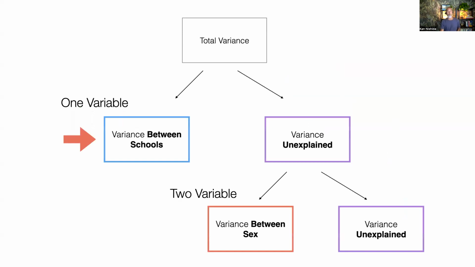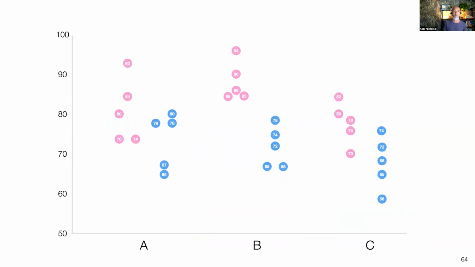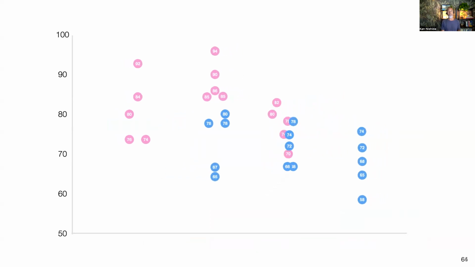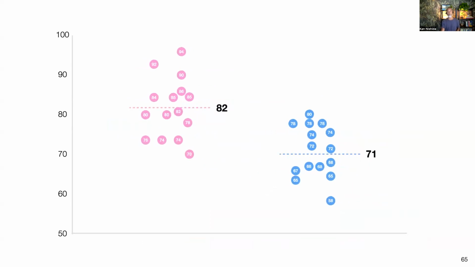Okay, so we've been talking about this particular one, the left-hand side up, right? The variance between schools. But how about the second one? We brought in the second variable called sex, right? So that's the same thing. We basically want to know if the difference between female and male is significant or marginal. So what we can do is calculate the mean for each group.